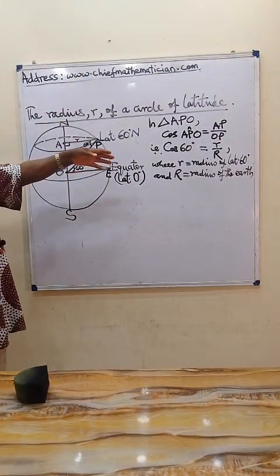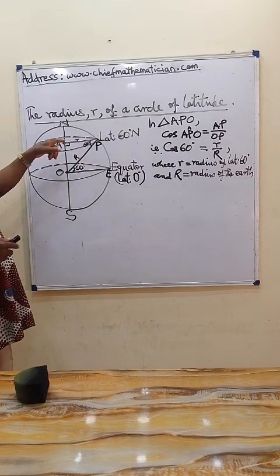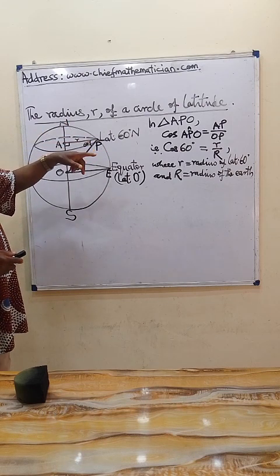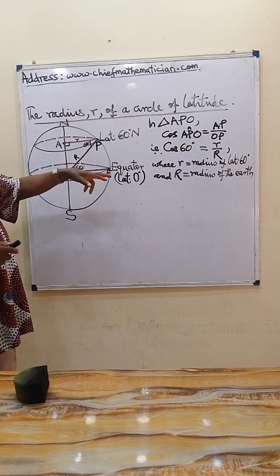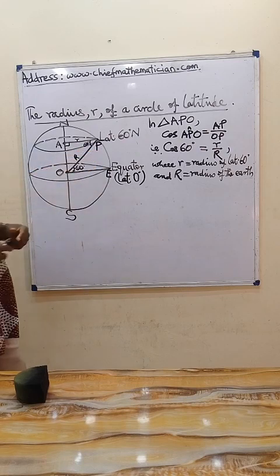Cosine 60 degrees is equal to small r standing for the radius of the latitude 60 degrees over capital R, where that capital R represents the radius of the earth.